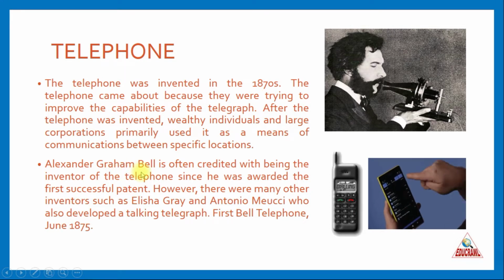Alexander Graham Bell is often credited with being the inventor of the telephone since he was awarded the first successful patent. However, there were many other inventors, such as Elisha Gray and Antonio Meucci, who also developed a talking telegraph, which is the first Bell telephone in June 1875.